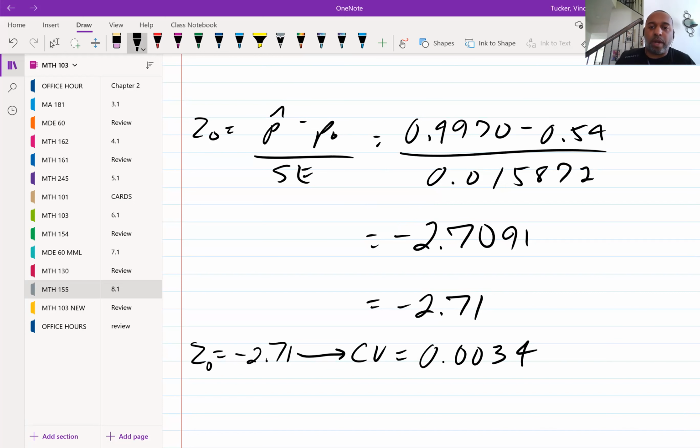All right, so we got 0.0034 for our chart value.